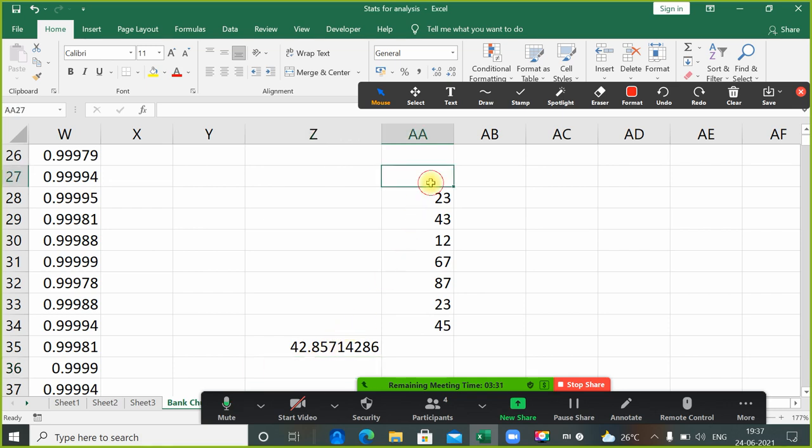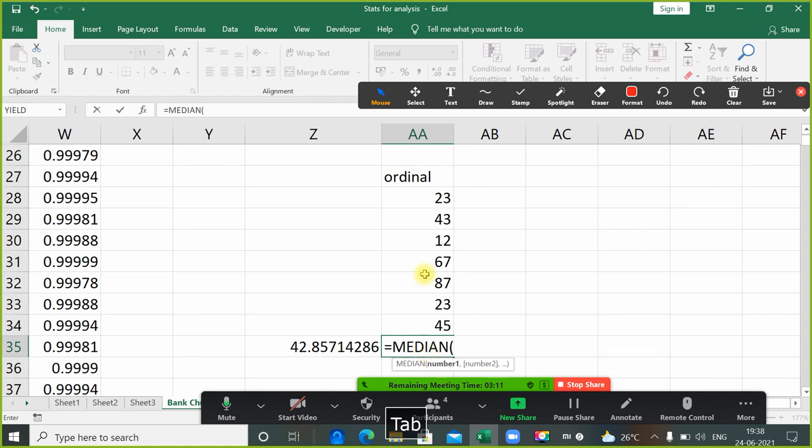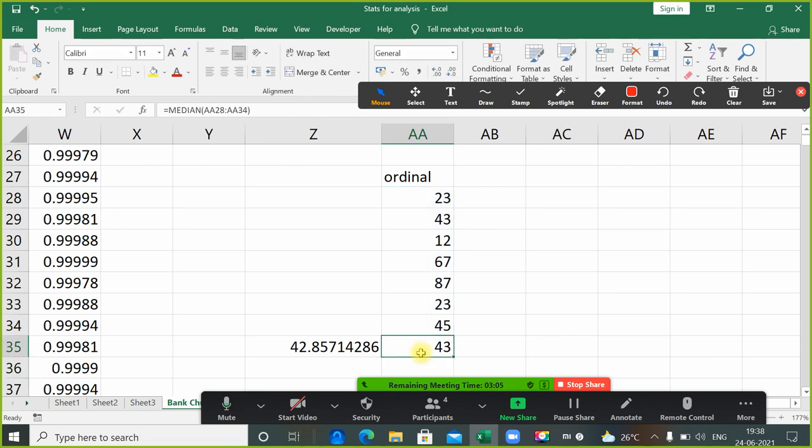But I say this is ordinal data. The order is very important in this particular column. ಈ ಕಾಲಮ್ ನಲ್ಲಿ ನನಗೆ ಆರ್ಡರ್ ಇಂಪಾರ್ಟೆಂಟ್ ಅಂತ ಹೇಳ್ತೀನಿ. At that particular time, if you would like to locate a center based on order, then I will go with the median. If I use the median and select this data, I'm getting 43. ಏನಕ್ಕೆ ಇರಬಹುದು 43?